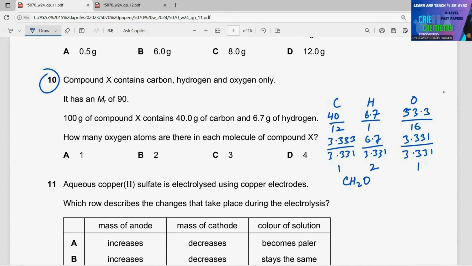In order to calculate the molecular formula, we need to find the empirical mass. So empirical formula mass for CH2O must be, we have 1 atom of carbon, so 12, plus 2 atoms of hydrogen, 2, plus 16. 12 plus 2 plus 16 is 30. Now we need to calculate n, which is molecular mass divided by empirical mass.